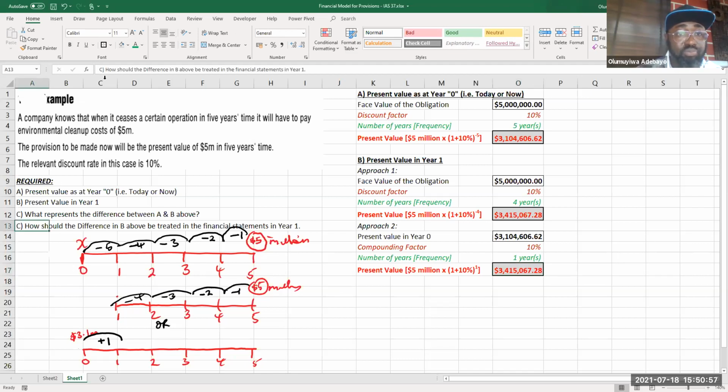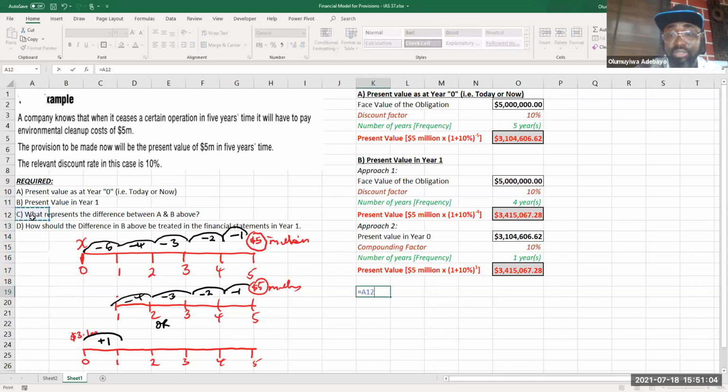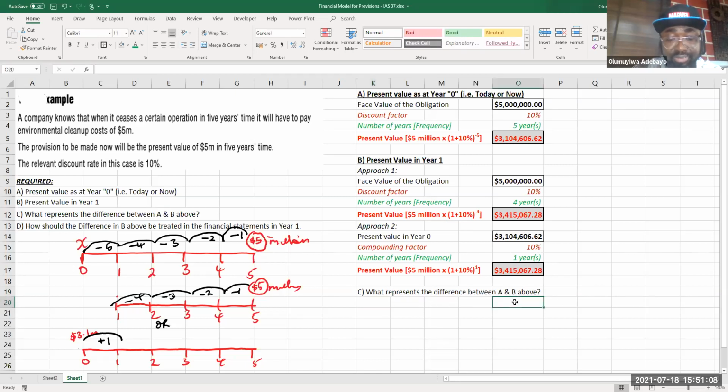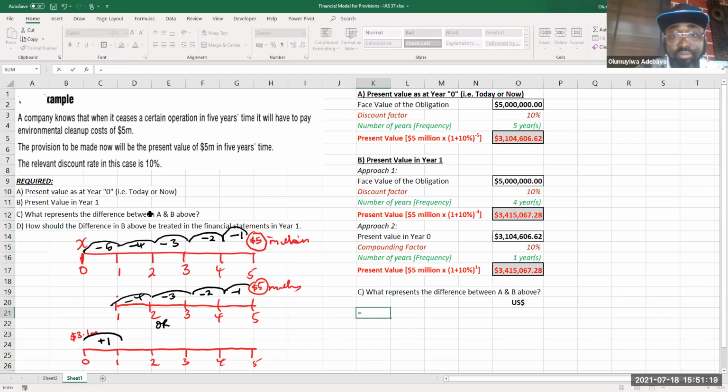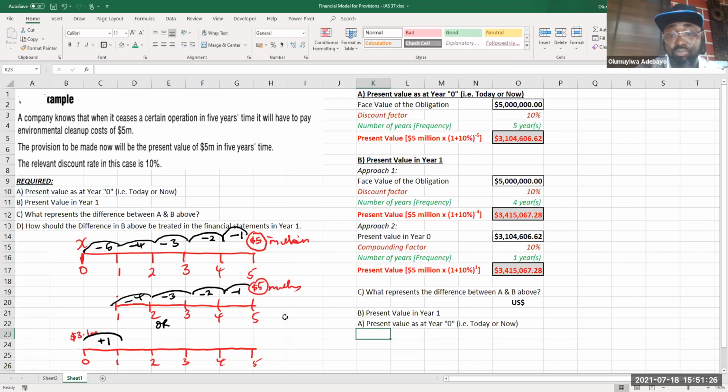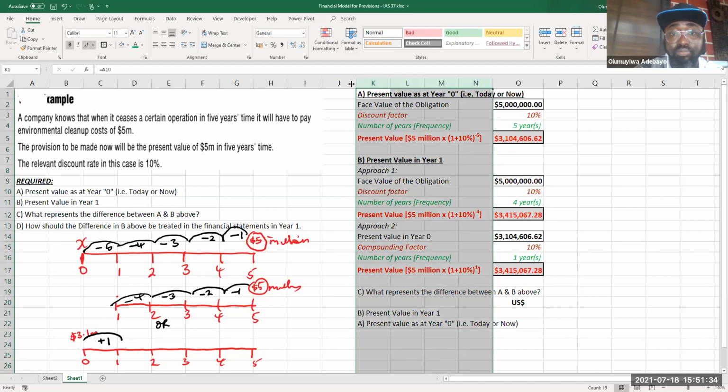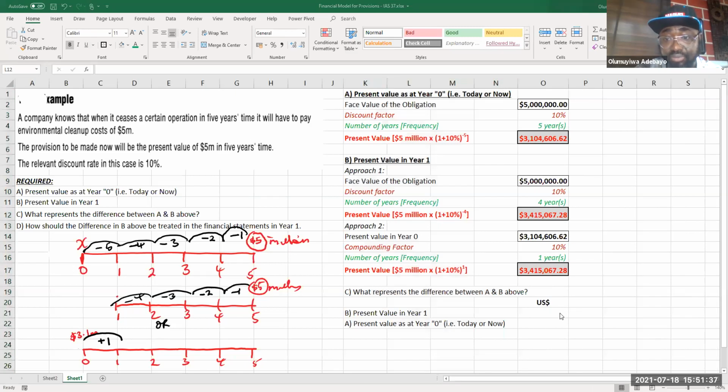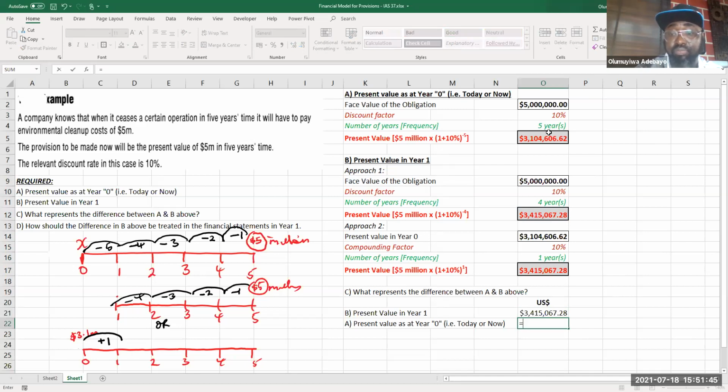The third question is, what is the difference? The difference between this and this is how much?